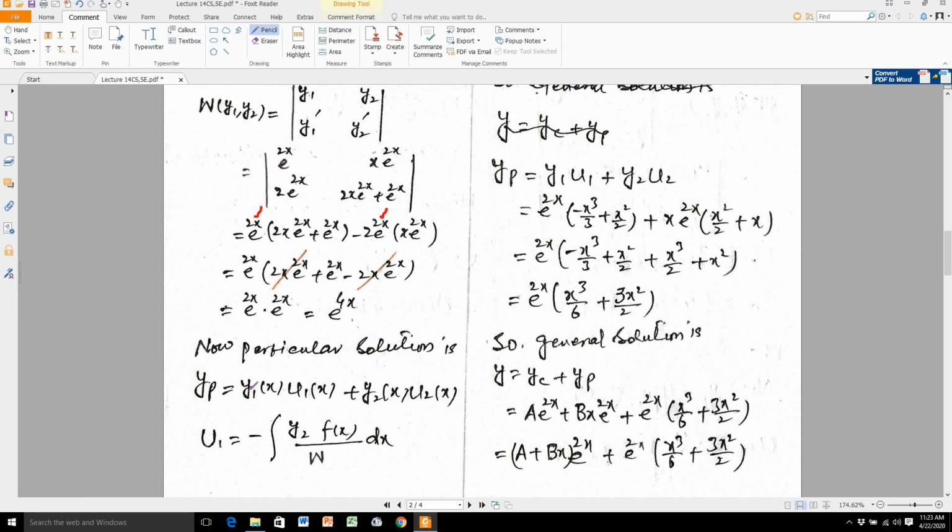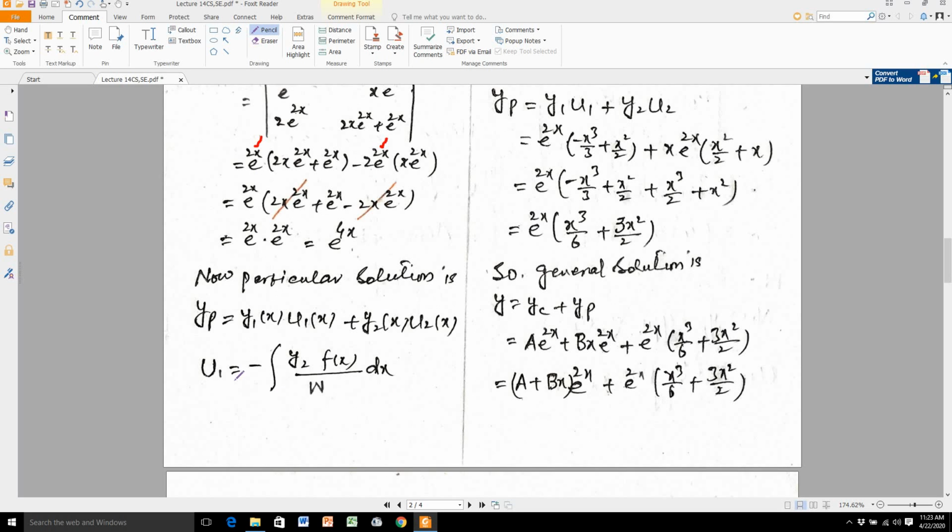Sometimes we write simply in this form y1 u1 plus y2 u2. So you know what the value of u1 is? u1 is equal to minus the integral of y2 times f of x divided by W of x.